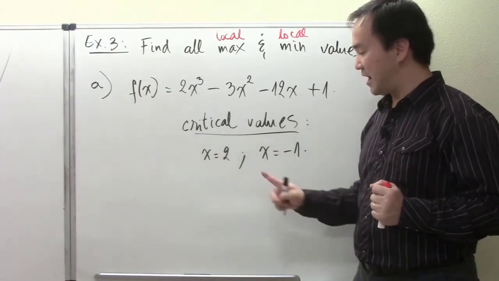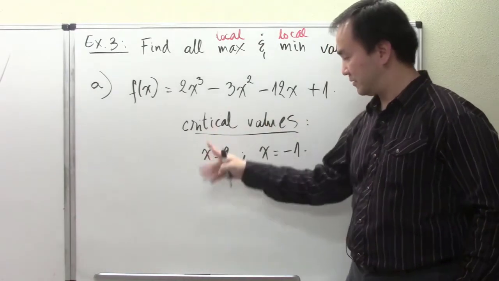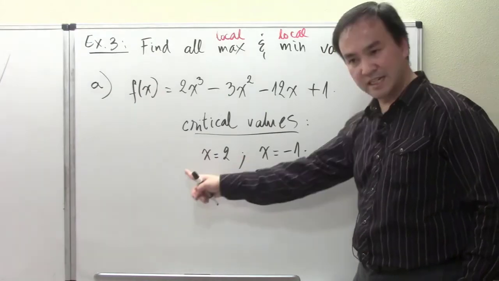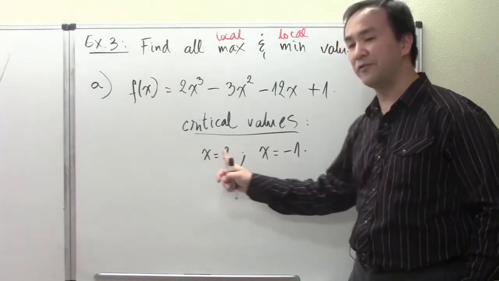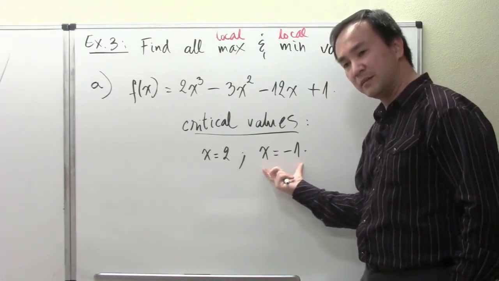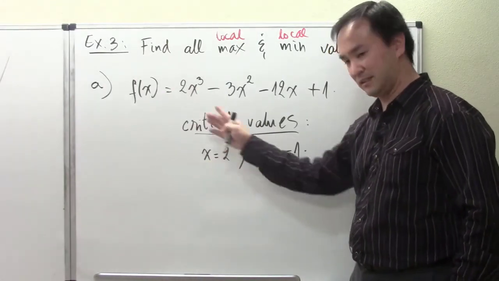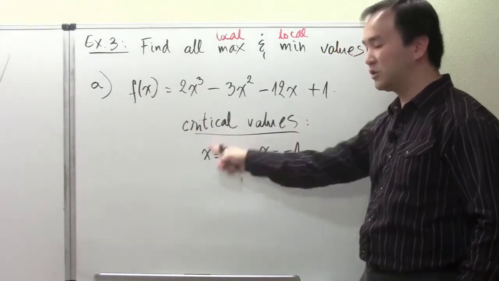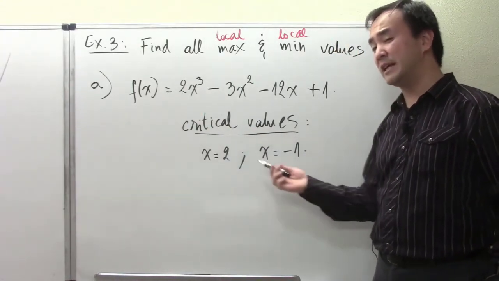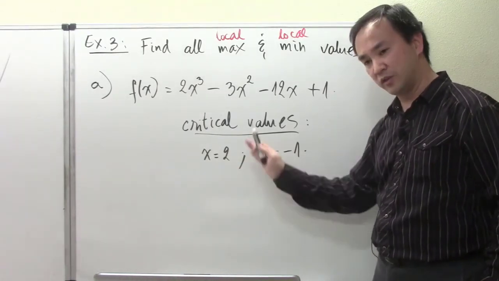Now I want you to realize this: these are all the critical values, but do not rush to say this one is the maximum and this one is the minimum, or the other way around. At this point, we are still very unclear which is a maximum and which is a minimum. But I can guarantee you that all the local maximum and minimum happen within these two x values. It won't happen anywhere outside of these 2 points on the x-axis.